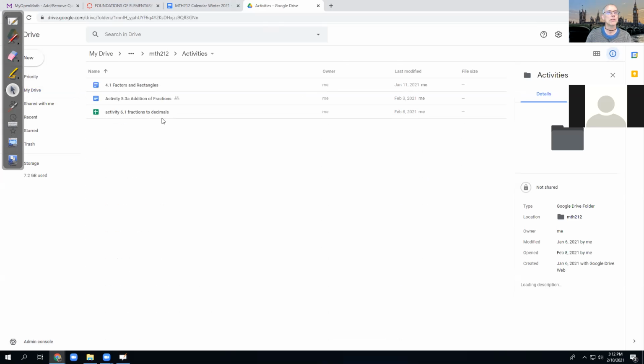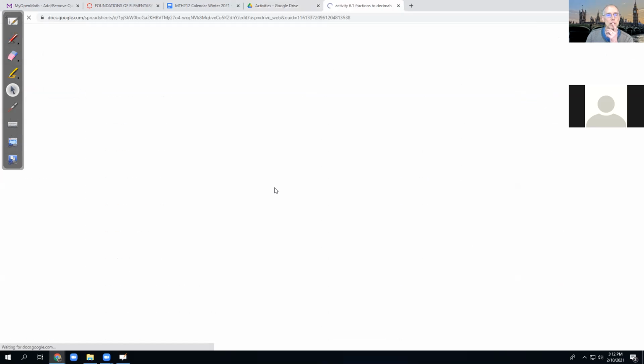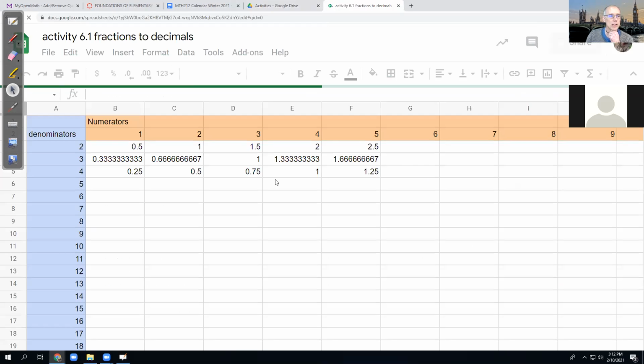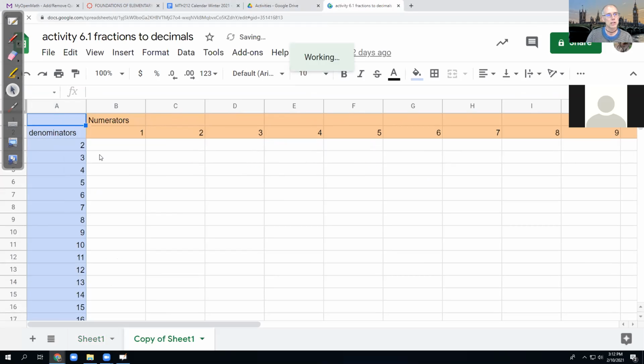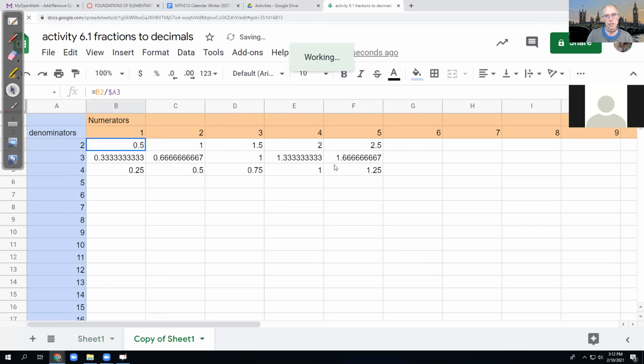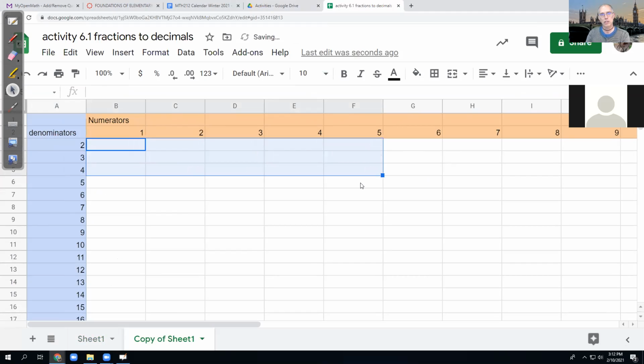So maybe fractions to decimals, cool. Put it in the right spot. All right, so here's my spreadsheet. I'm going to make a copy of it and start over. So I'm just going to delete my calculations.